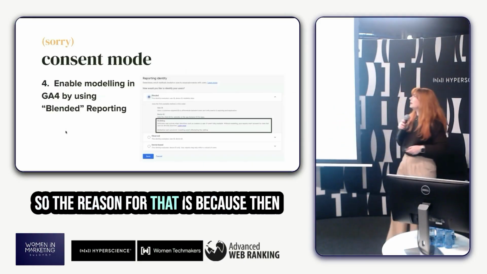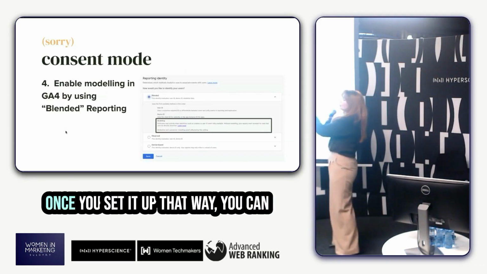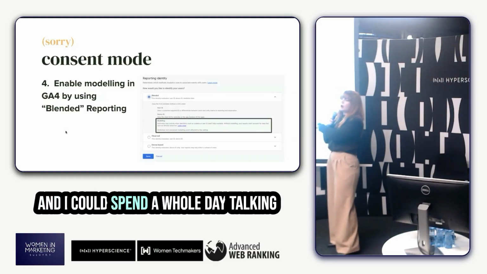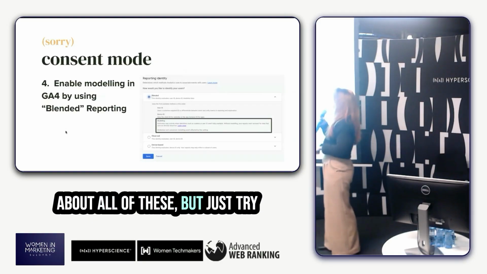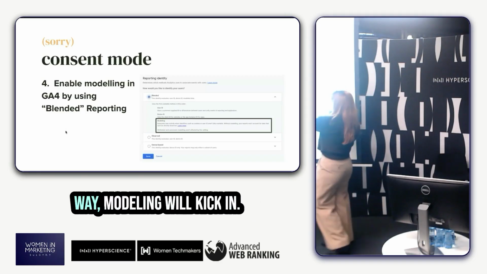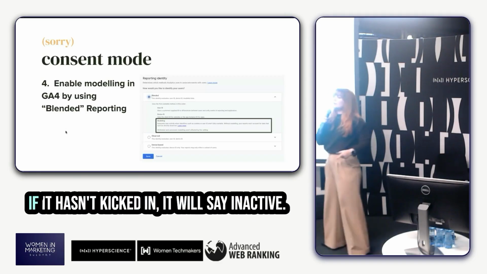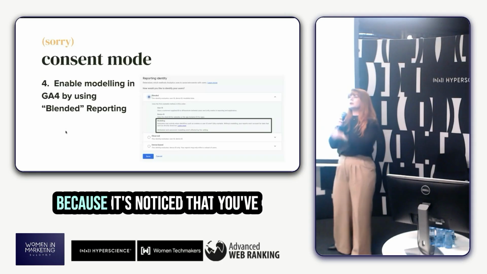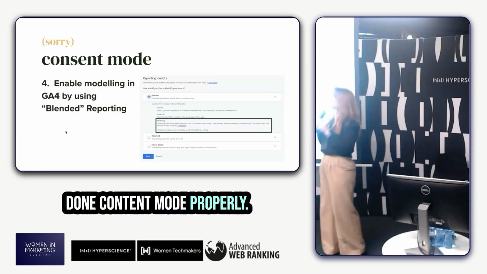The reason for that is because once you set it up that way, you can check your GA4 reporting identity. I could spend a whole day talking about all of these, but just try and remember this specific one. Once you've done it that way, modeling will kick in. If it hasn't kicked in, it will say inactive. And the reason for that is because it's noticed that you've done consent mode properly.